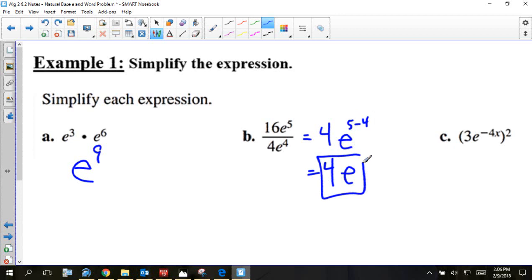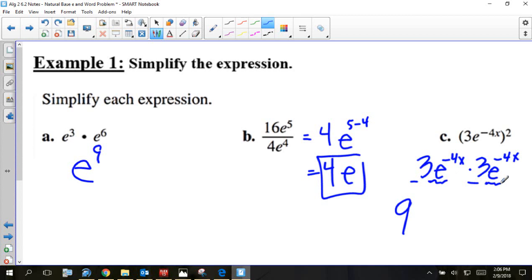This one we're squaring. You have to square everything in there. That's the same thing as writing it twice. So I would multiply 3 times 3, 9. And then what would I do when I multiply e to the negative 4x with another e to the negative 4x?